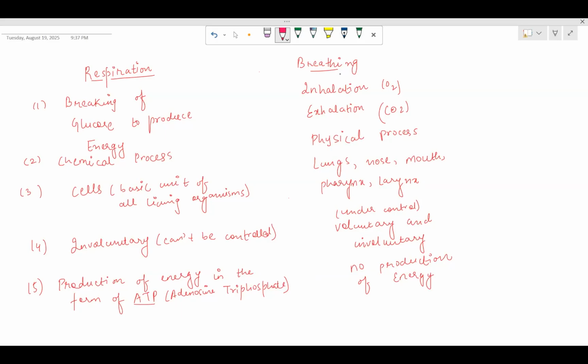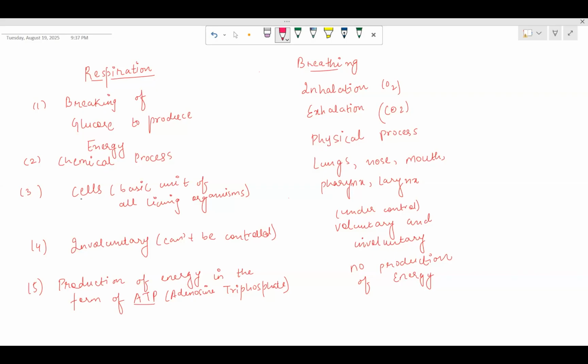Since respiration takes place within the cell, this is a chemical process, or I can say the active process. Whereas your breathing is a physical process, because you would be able to see the movements whenever air is coming and wherever air is leaving. But you can't see the whole process which is occurring inside the cell.